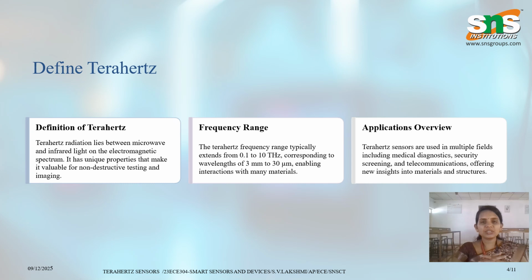And they are used in multiple fields. One example, as I told, is telecommunication, security screening, the aerospace domain, the manufacturing of those components, in error detection, etc. So there are a lot of applications of these terahertz sensors.